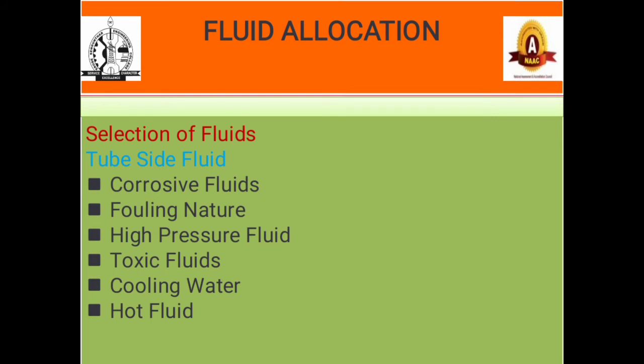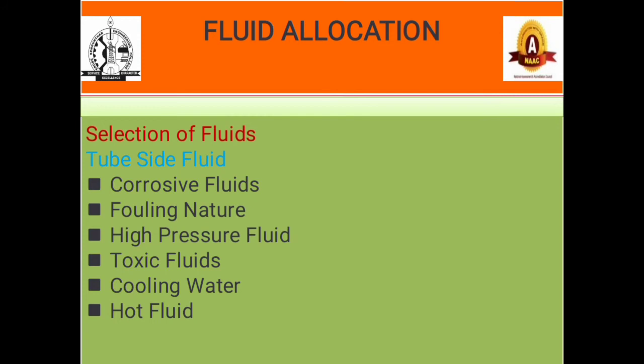If the tubes are corroded, we can easily replace the tubes, or we can easily plug the tubes, so it is easy maintenance. But if the shell is corroded, it is very costly. Shells are made of very expensive material, almost always stainless steel. So corrosive fluids should be taken in the tube side because of easy maintenance and easy replacement of the tubes.